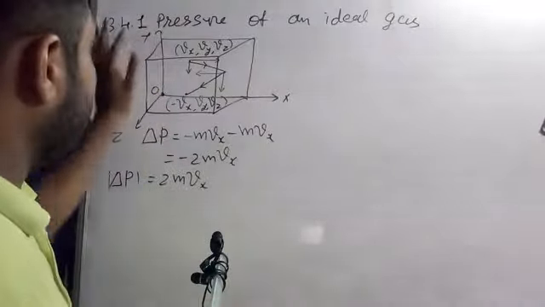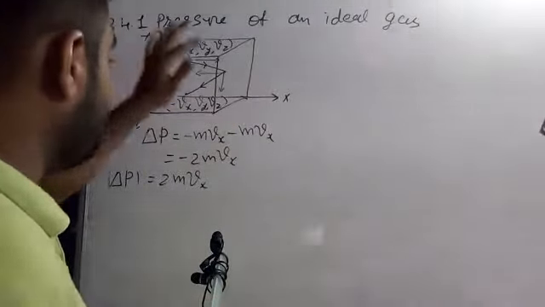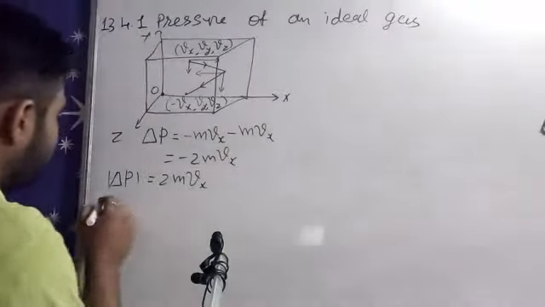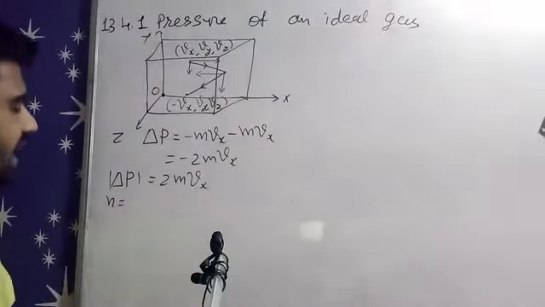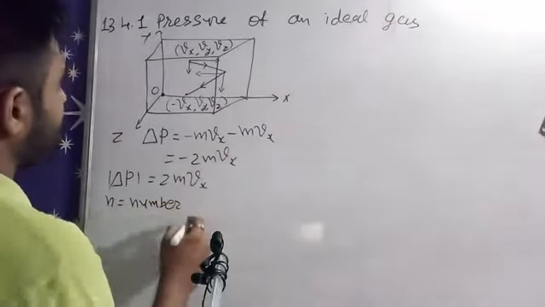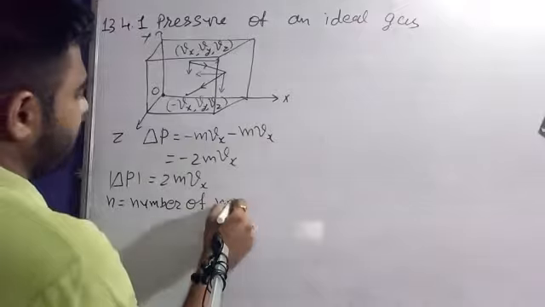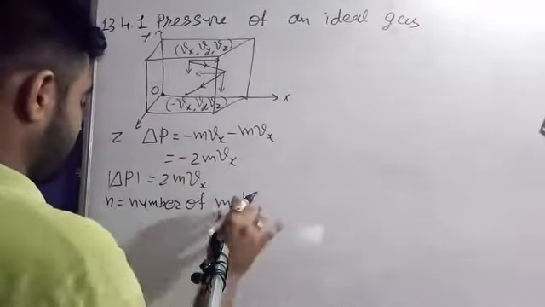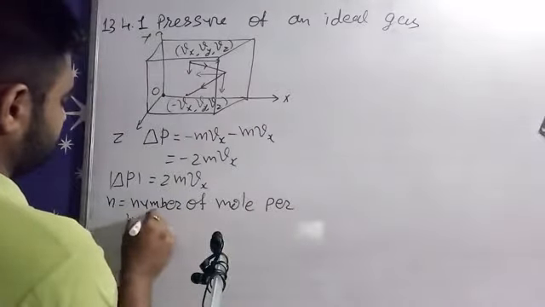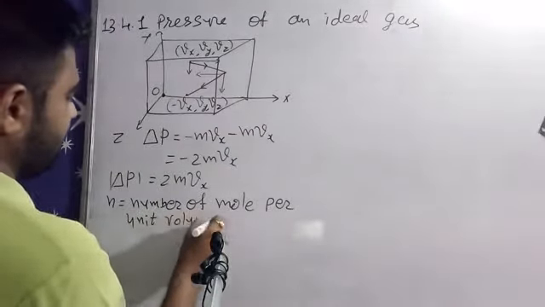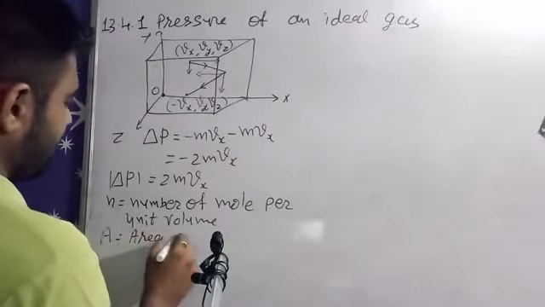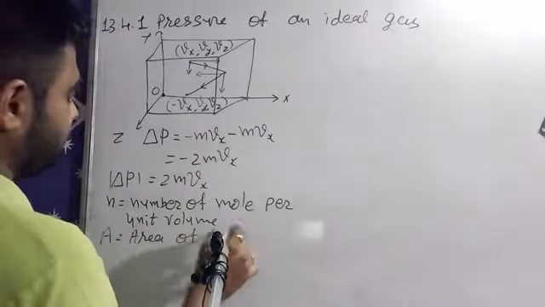Now I want to find all the molecules which are inside this container, right? So the number of molecules: if I have n, it is equal to the number of molecules per unit volume, right? Capital A is the area of this cube.